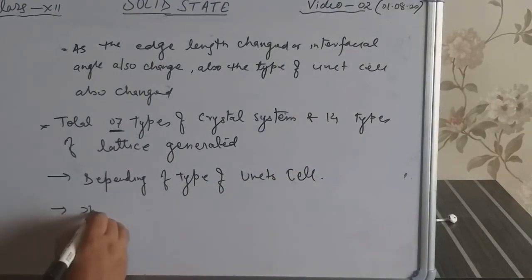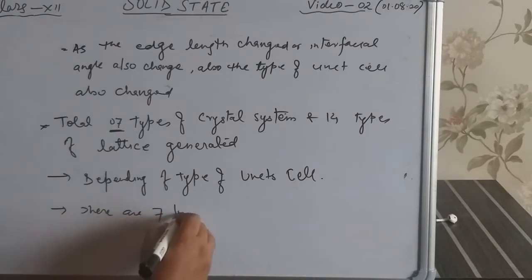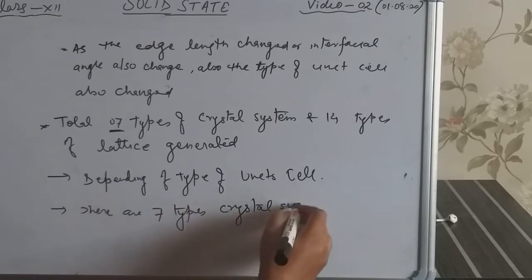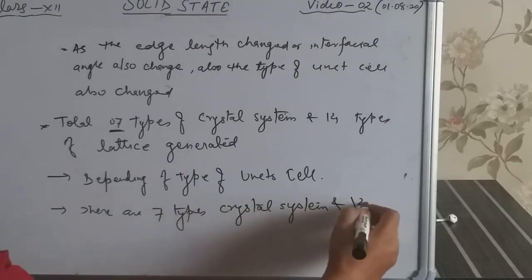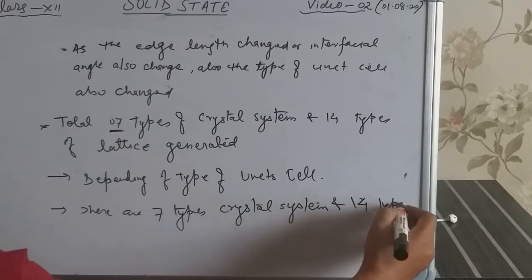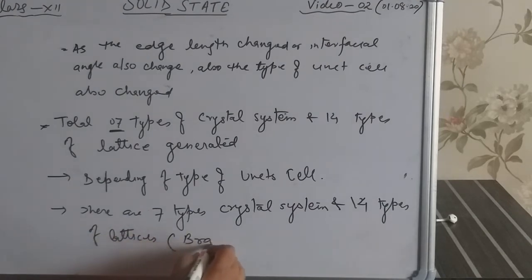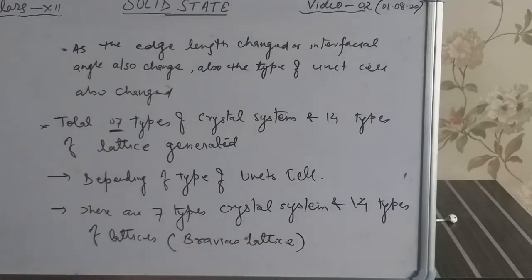These 14 types of lattices are known as Bravais lattices. So let's see the different types of crystal systems, 7 types of crystal systems and 14 types of lattices.